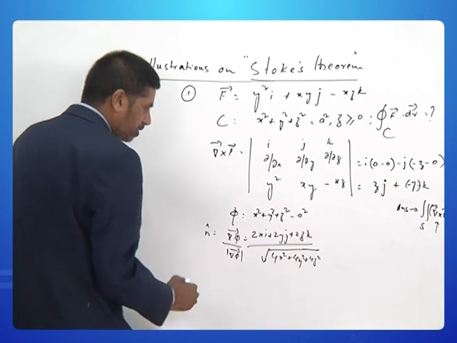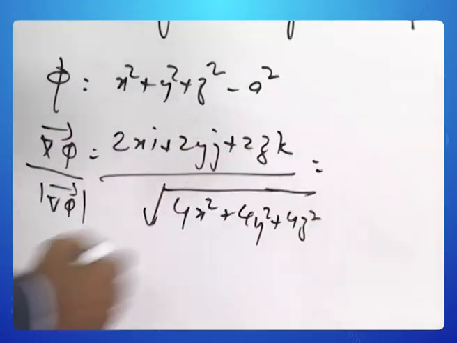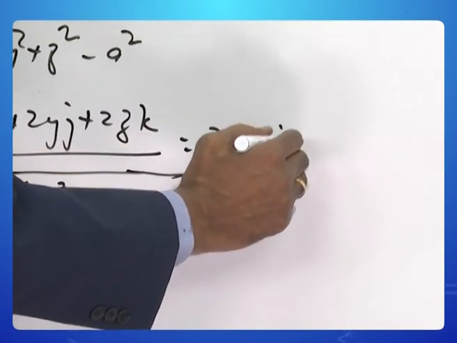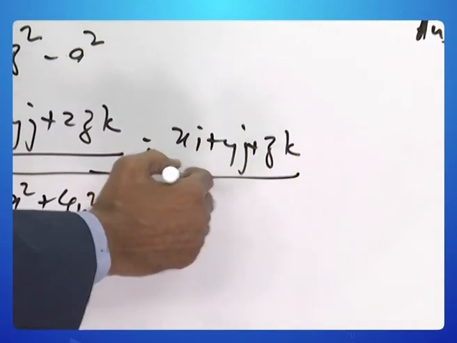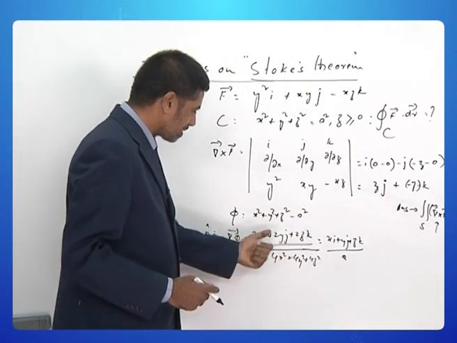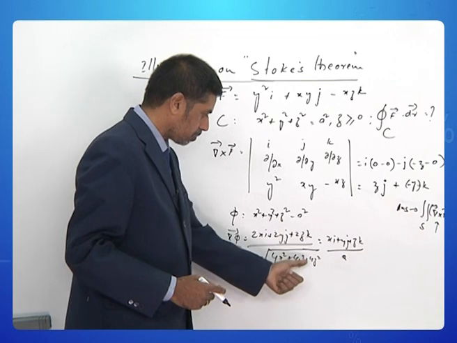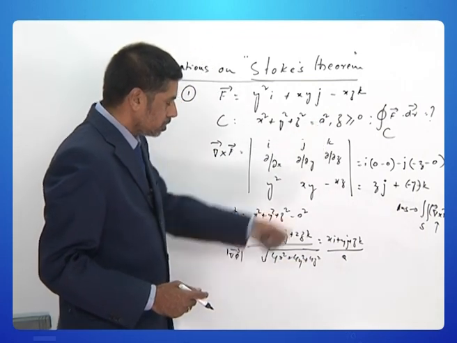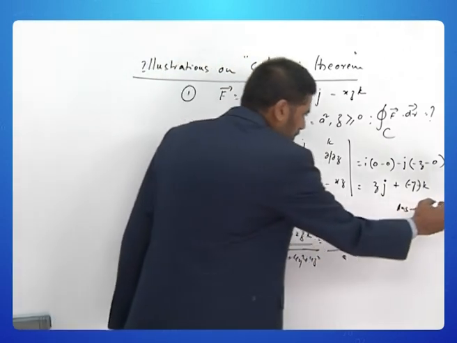So simplification of this would be xi plus yj plus zk by a, because square root of 4 gets cancelled with 2 and square root of x square plus y square plus z squared is nothing but a. We get this. So n cap is also available.